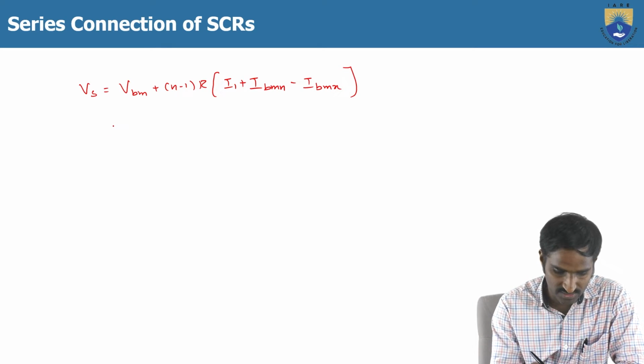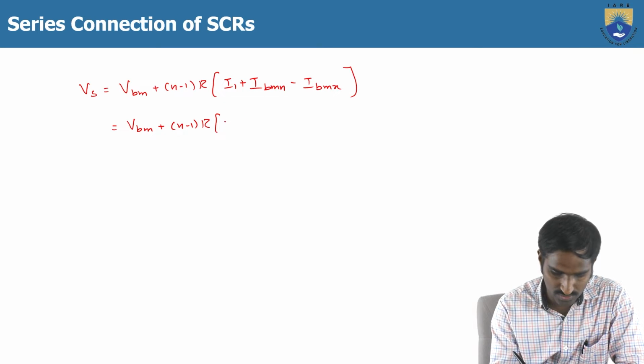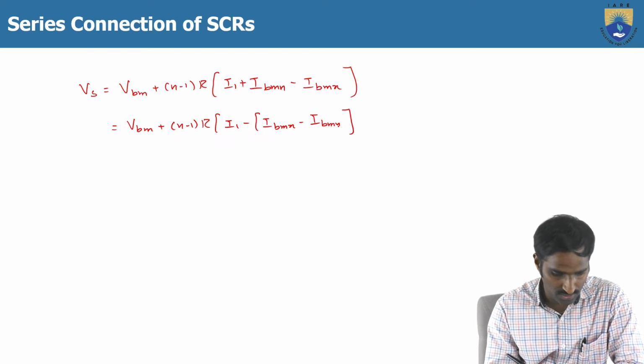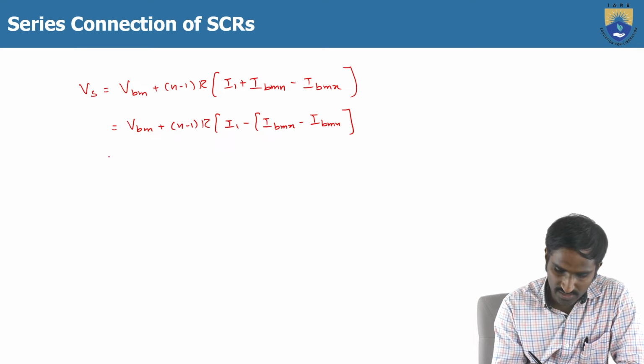We can simplify this again as VBM plus n-1 into R into, taking I1 as a common, I1 minus IBMX minus IBMN.